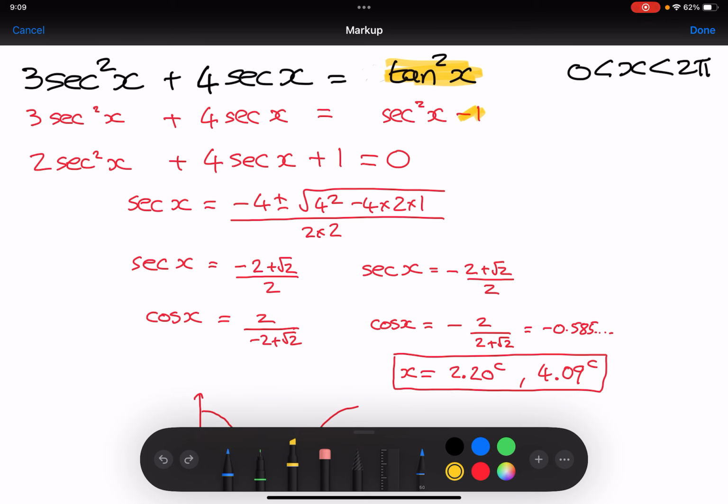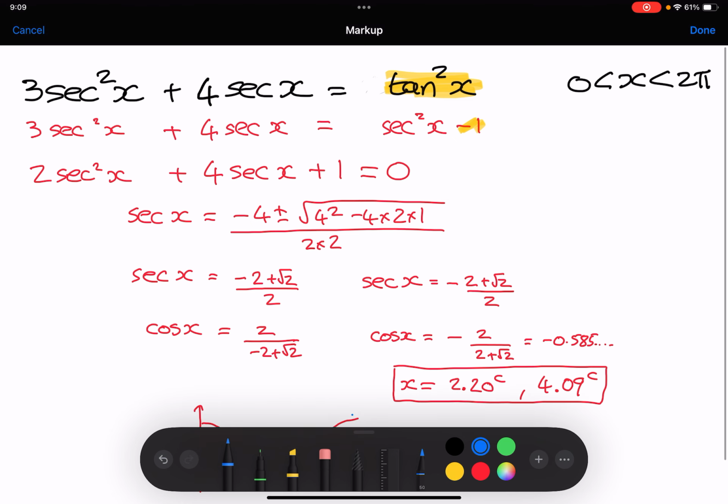And I've got the 2 solutions from that quadratic formula of minus 2 plus root 2 over 2 and minus 2 minus root 2 over 2. Now those are 2 values for sec x. Now I know sec x is the same thing as 1 over cos x.